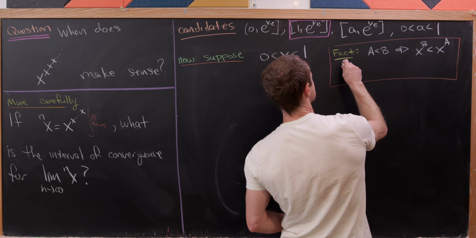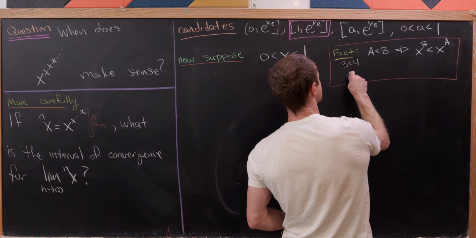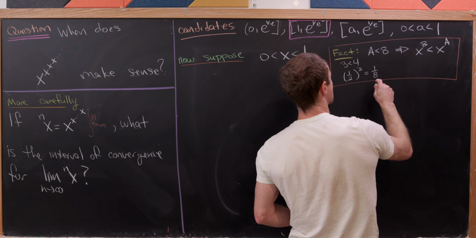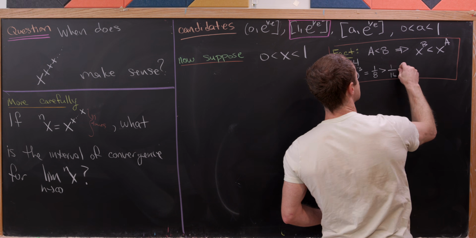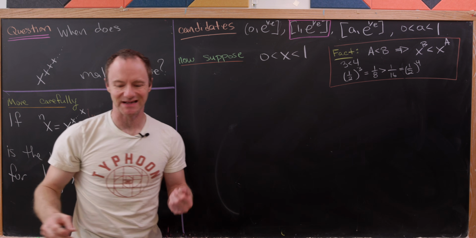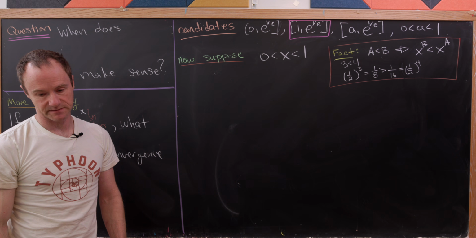So let's notice that 3 is most definitely less than 4. But if we take 1/2 cubed, that's going to give us 1/8, which is bigger than 1/16, which is equal to 1/2 to the 4th power. So that's just an example of this kind of thing happening. Okay, great.